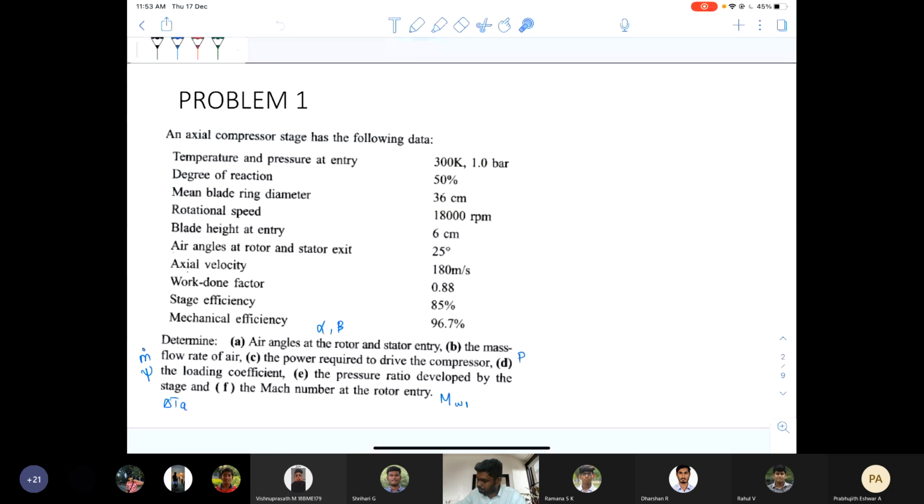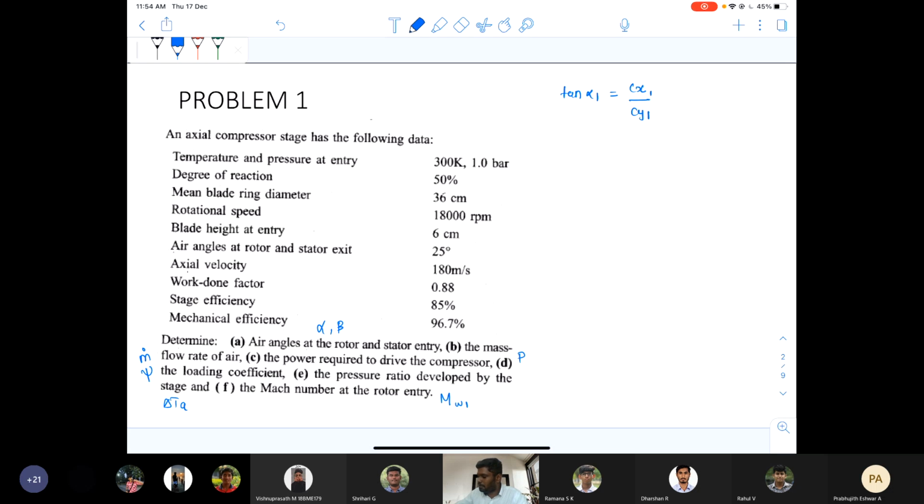That is, tan alpha 1 is equal to Cx divided by Cy1. This is C1. We know that for an axial stage compressor, Cx1 is equal to Cx2, which is equal to Cx3, and we will be considering it as Cx.